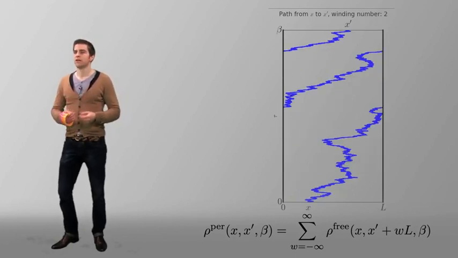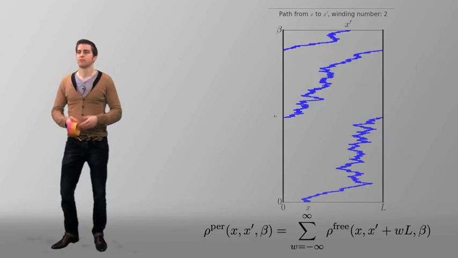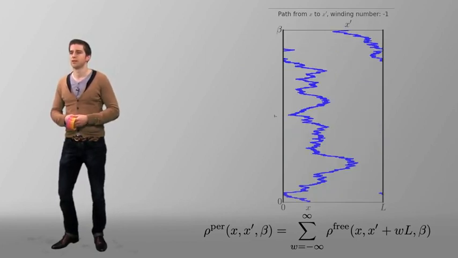Of course, we can also wind up paths to the left, corresponding to negative winding numbers. This concept of winding numbers will come in handy 2 weeks from now. It is key to understand Bose-Einstein condensation.